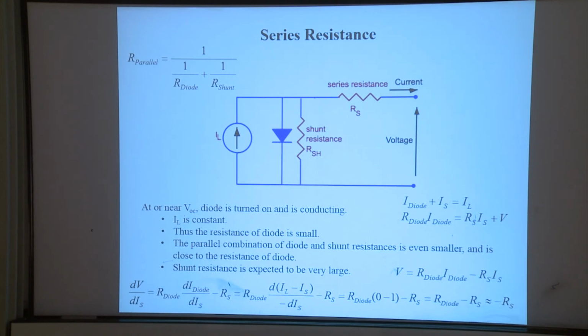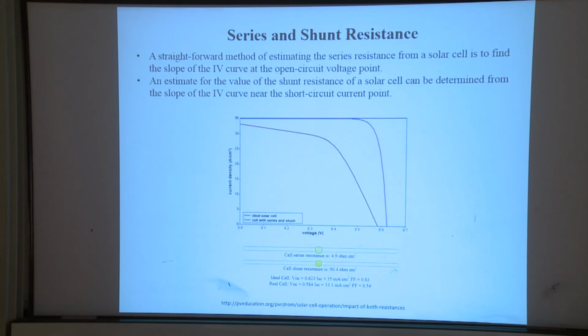Okay, we now consider series resistance. Series resistance is the slope that we find near VOC. VOC is here, near here, the slope. We can find the series resistance from the slope near VOC. Why?